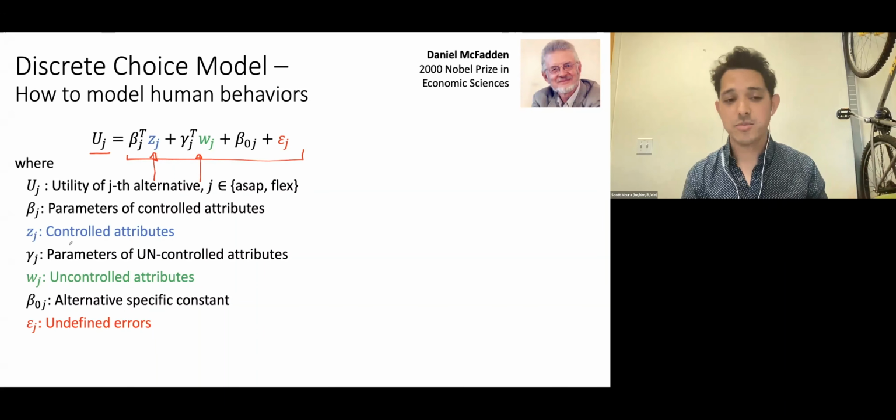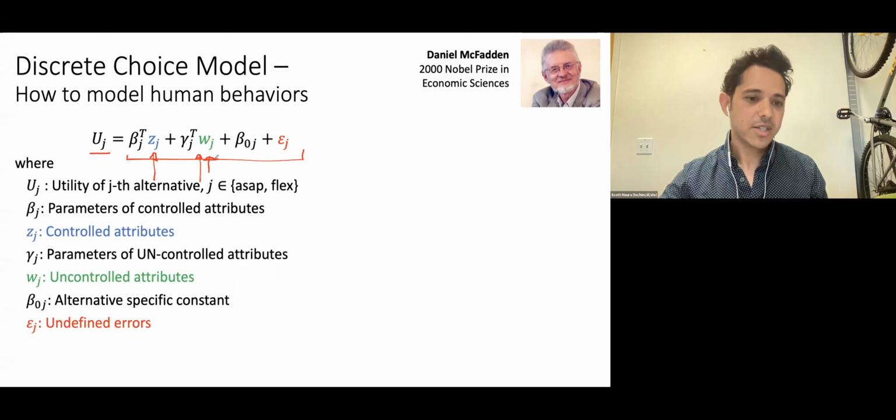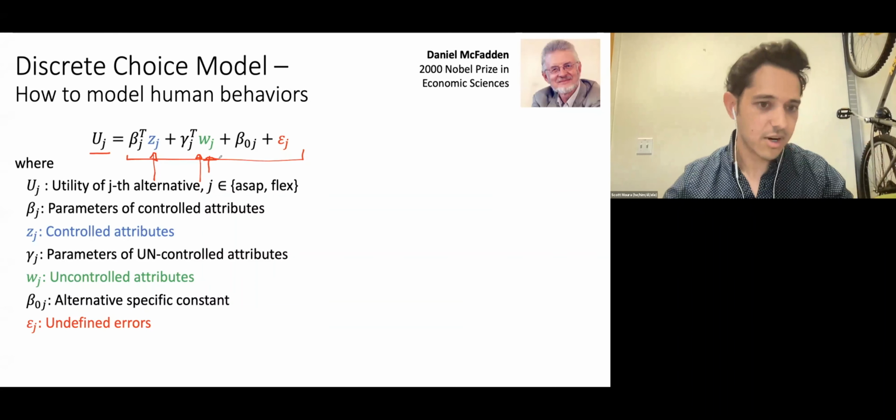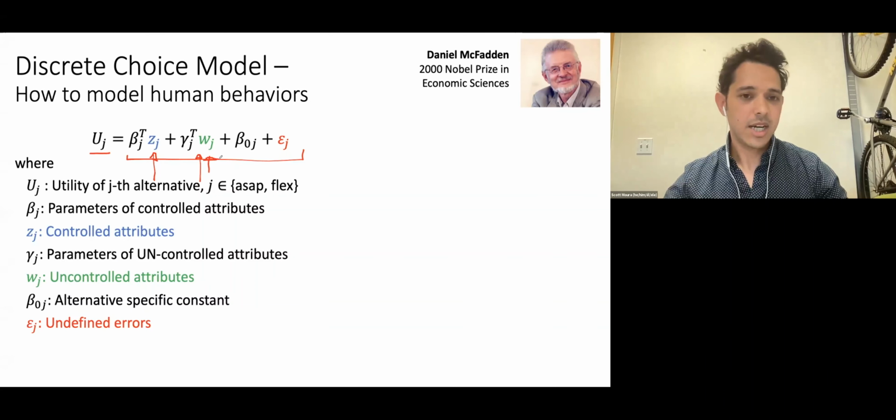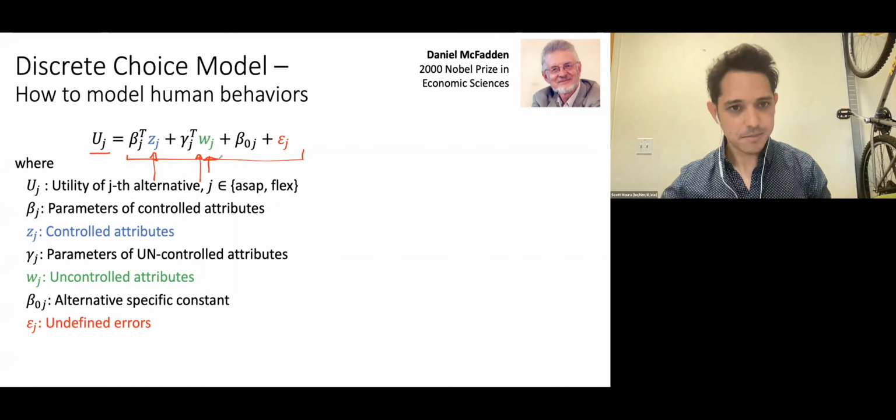And then W are attributes I cannot control. So that's like, does the user have a charger at home? Do they have a salary that's more than $100,000 per year? If they do, then they might be a little more insensitive to the price differences, etc.